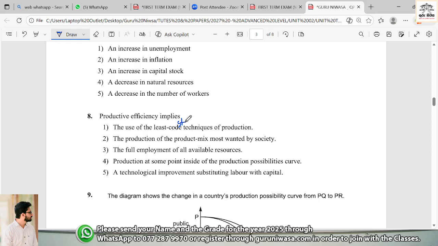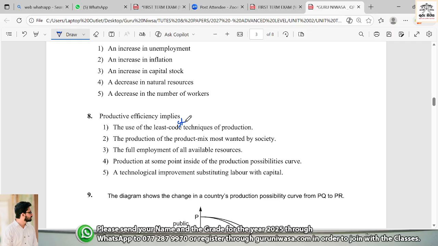It means if we can produce goods and services at lowest cost, using the least cost technique, it doesn't matter whether it's capital intensive or labor intensive.